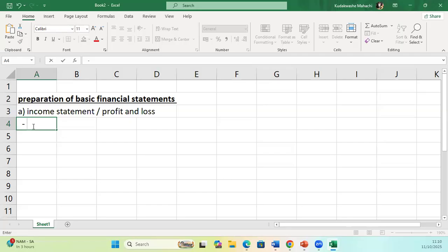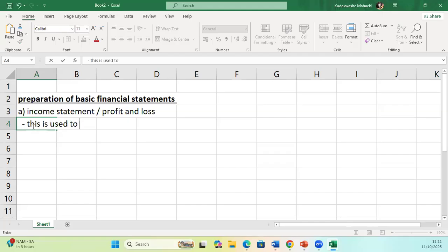So we have been operating. From operating, did we make a profit or did we make a loss? That is the income statement.